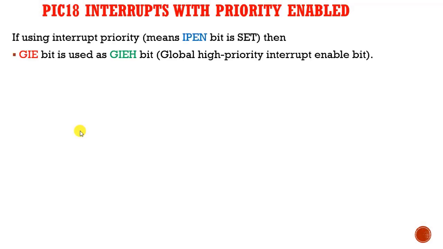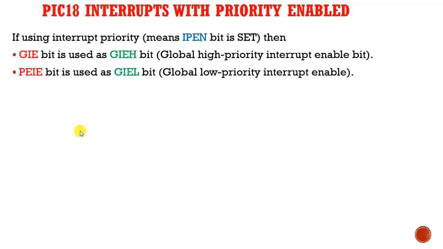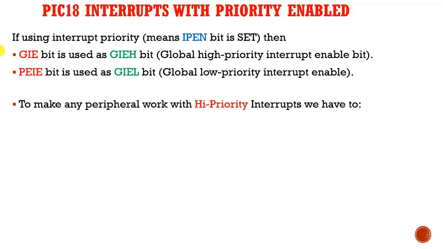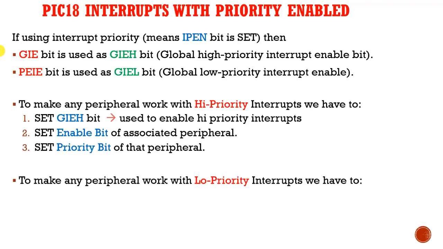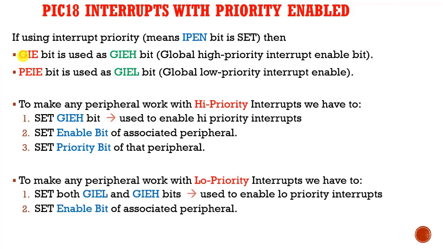And with priority enabled, what we'll do is GIEH, and PEIE is used as GIEL. To make any peripheral work with high priority we have to set the GIEH, the enable bit and the priority bit, and for low priority we have to set GIEL and GIEH both, and the enable bit of the associated peripheral.